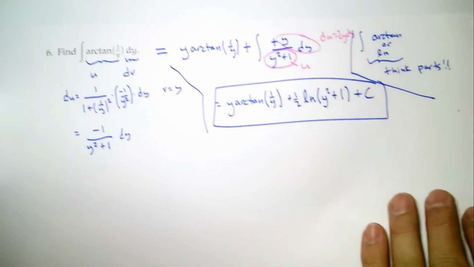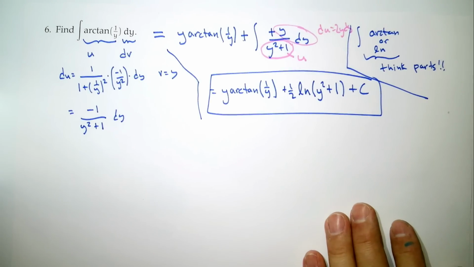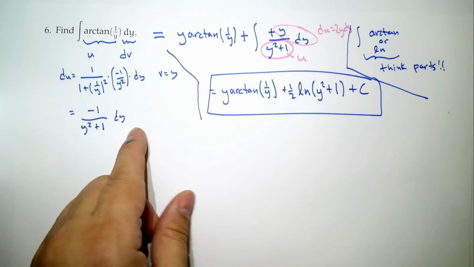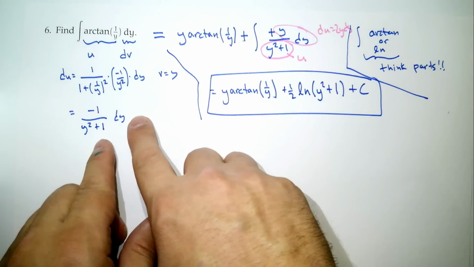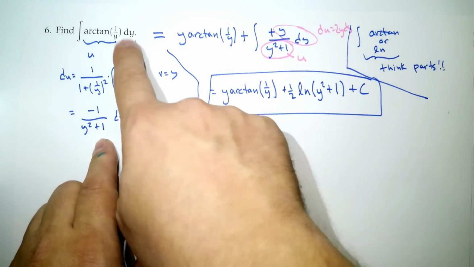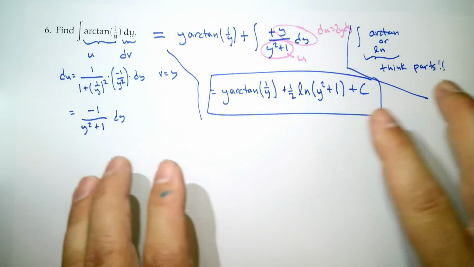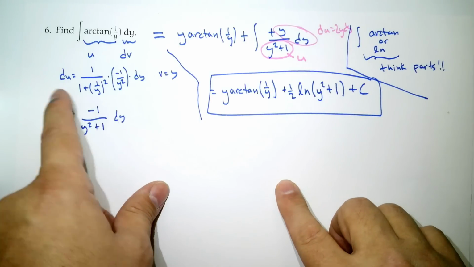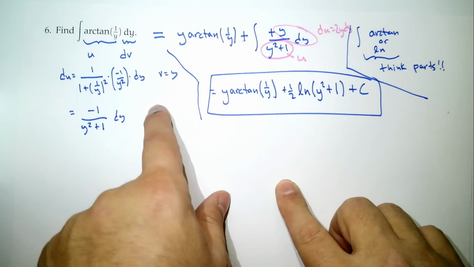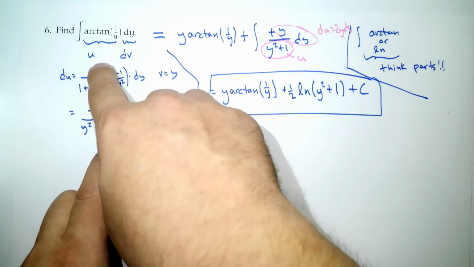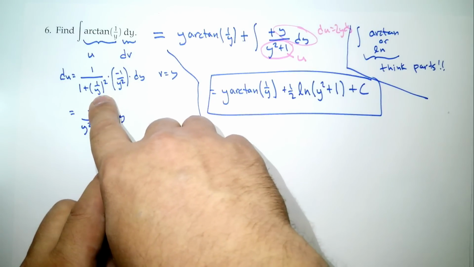Question. Yes, there's a question. So for du, how do you go from arctan of 1 over y to 1 over 1 plus 1 over y squared? Well, the derivative of arctangent is 1 over 1 plus whatever's on the inside squared.